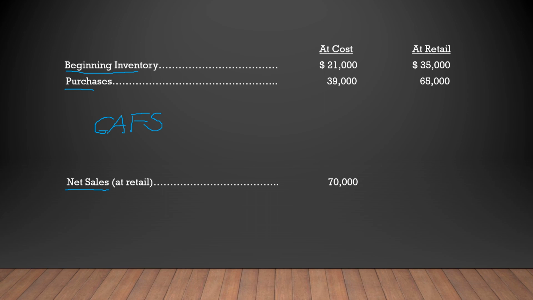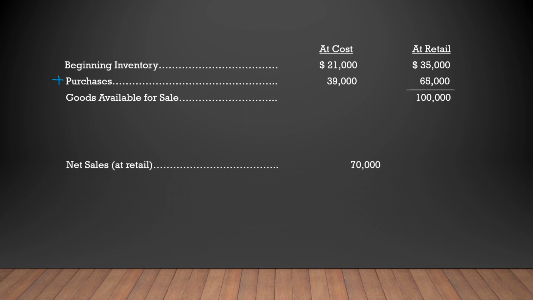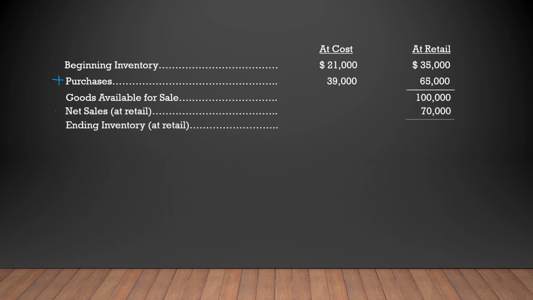If you harken back to video 11.1, you may recall that this number is simply the sum of our beginning inventory plus our purchases. So sum those two items for the retail column. Now on to step 1, where we calculate our ending inventory at retail dollars. We can determine this amount by subtracting net sales from goods available for sale.